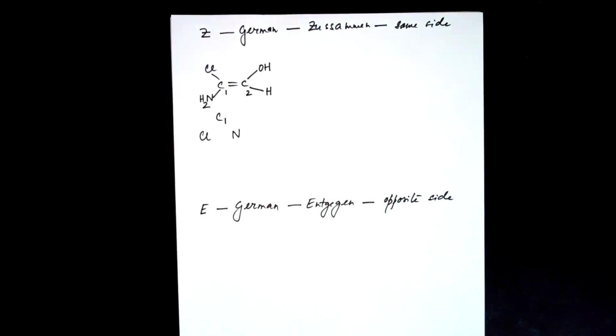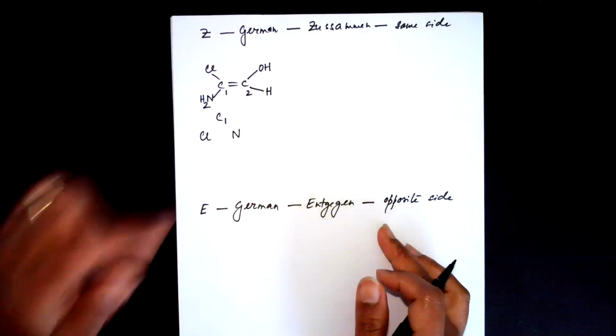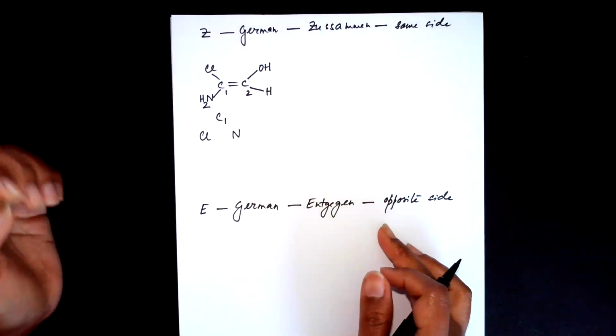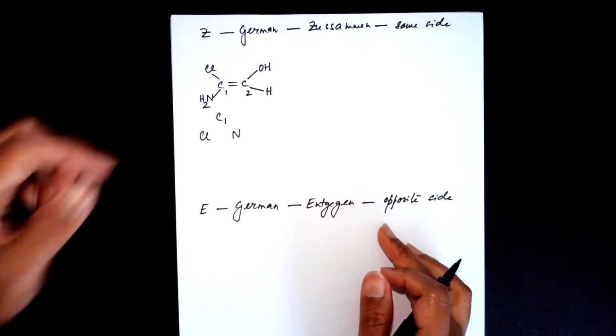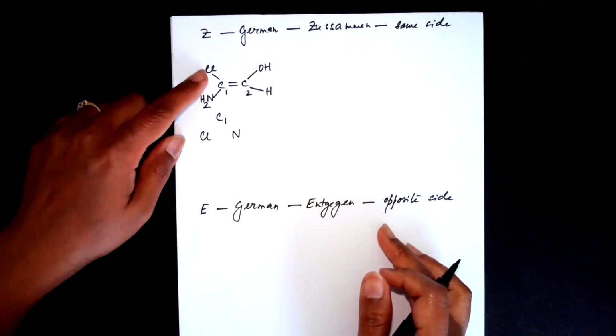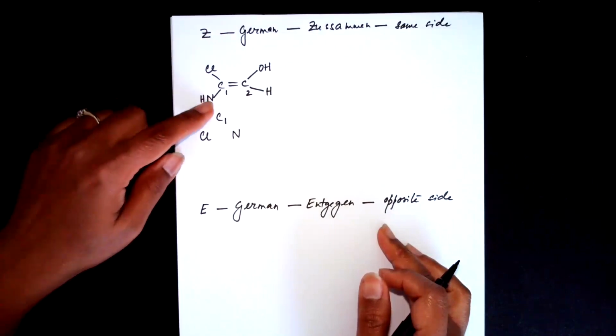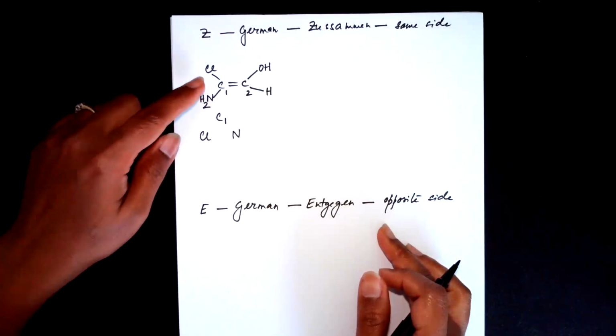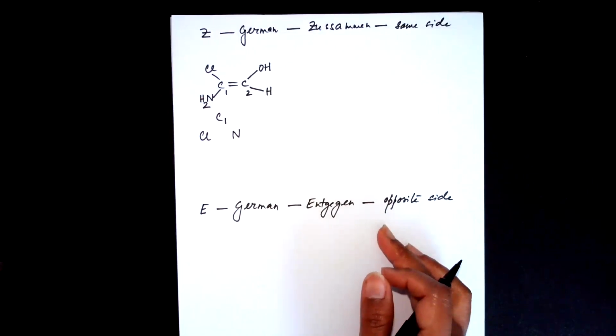Now, we would be using a rule that tells you which of these groups has a higher priority. The way the rule works is you look at the first point of attachment. The first point of attachment here is Cl versus N. The atom that gets the higher priority out of those two is the atom with the higher atomic number, not mass number, atomic number.